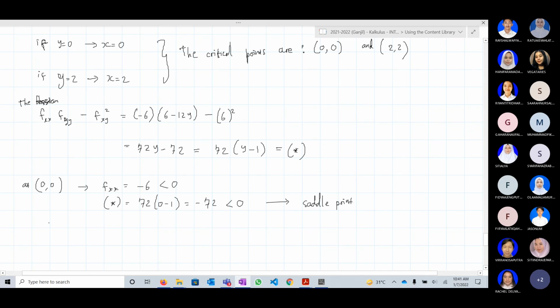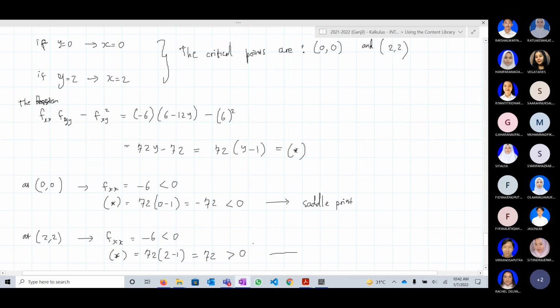So (0, 0) is a saddle point, and at (2, 2), we have that fxx is again negative 6. That is negative, and the value of the Hessian is 72 times (2 minus 1), which is equal to 72, which is positive.